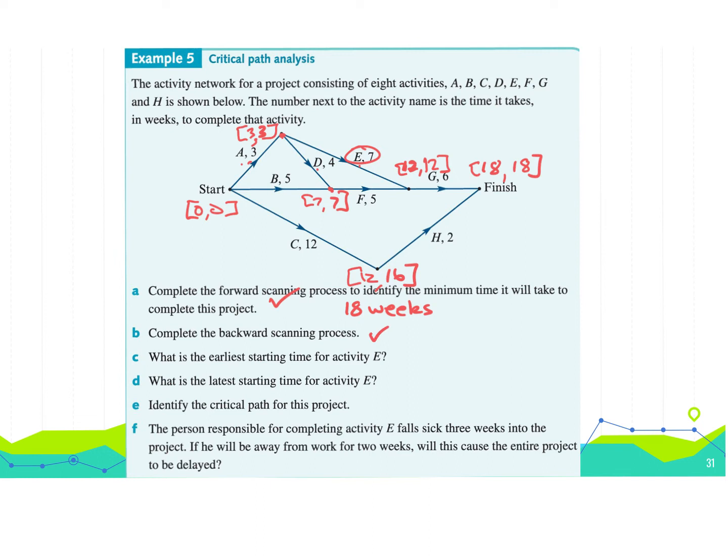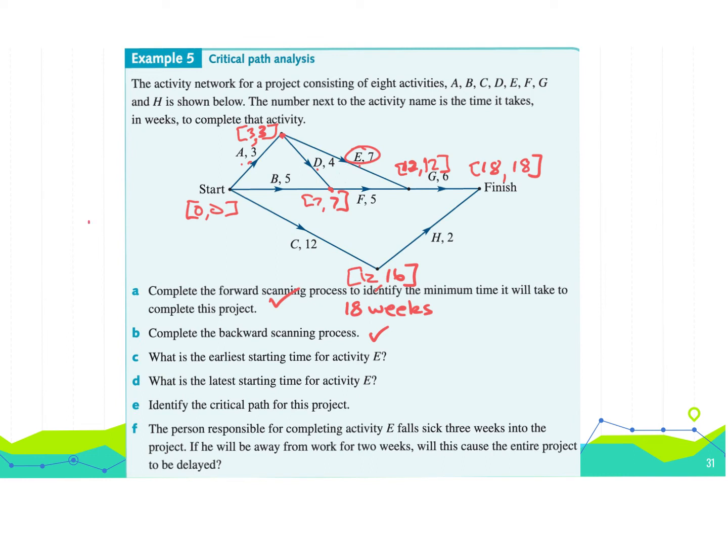We don't want to delay any of those particular ones there. So tick. What is the earliest starting time for E is what they're asking for. If this here is our latest starting time, then minus the activity time, can you see that that's going to be at 5 hours? So, earliest starting time's 3, so we can start at 3, but the latest starting time is actually 5 for this activity.